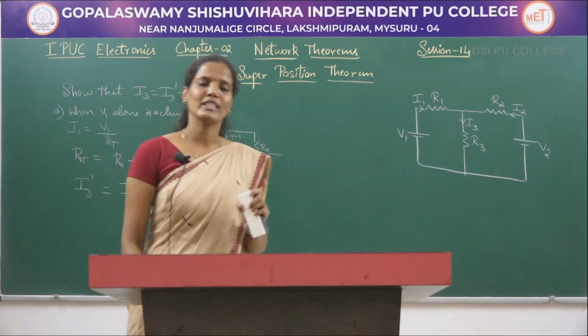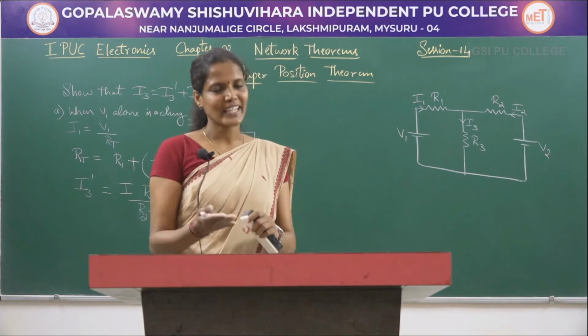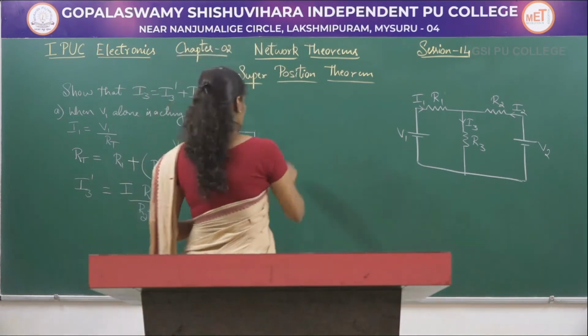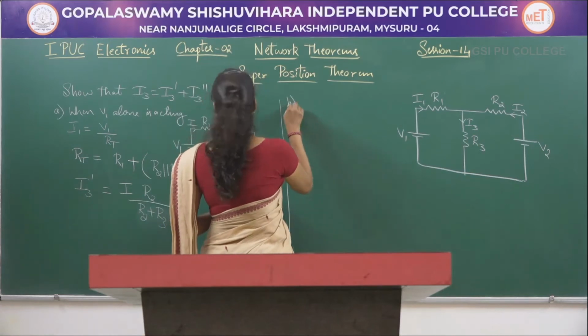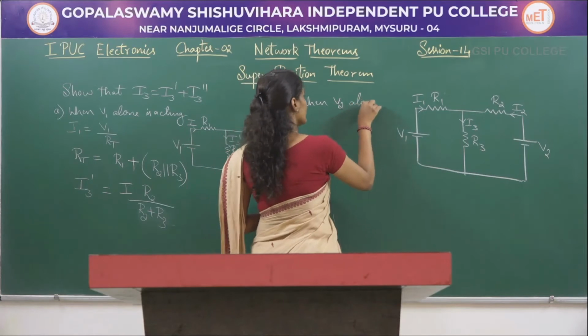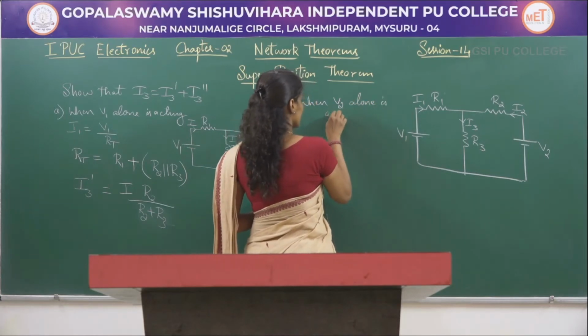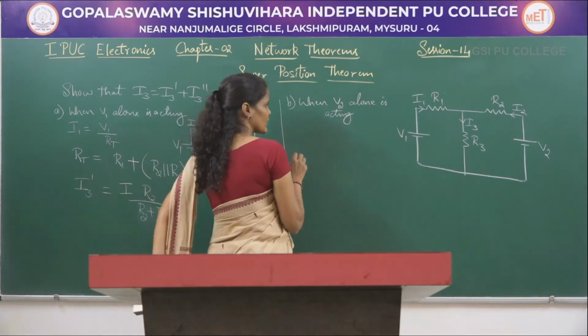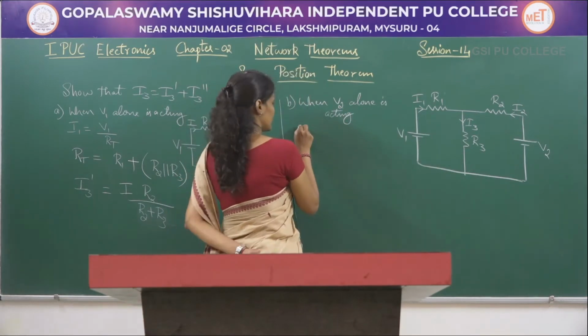So I3 dash is nothing but the current flowing through this resistor R3 when only V1 is acting. Now we have to look into the second case when V2 is acting and V1 is shorted. So the second case, when V2 alone is acting, then the circuit will be like this.